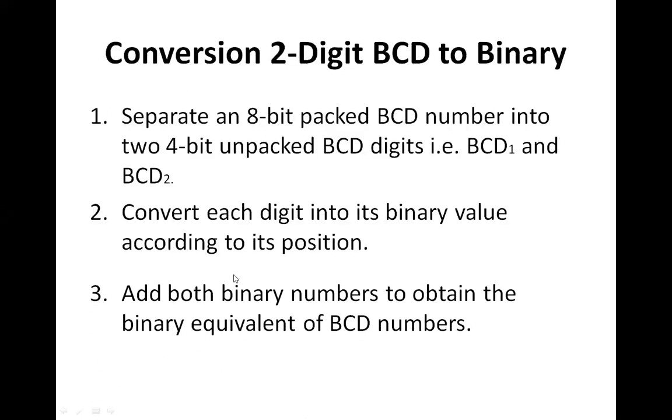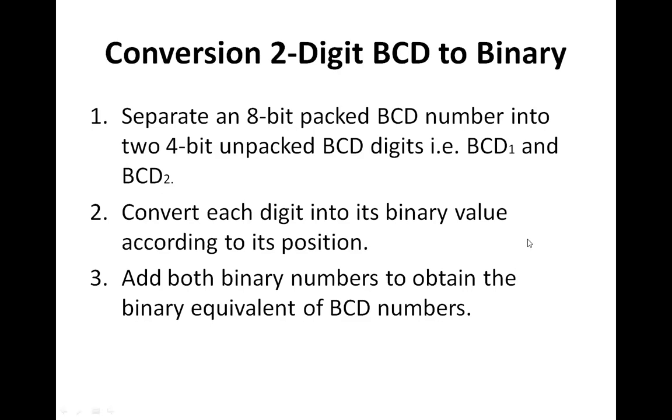So 7 is taken as BCD1 and BCD2 is taken as 2. After converting each into binary, BCD1 is multiplied by 10.